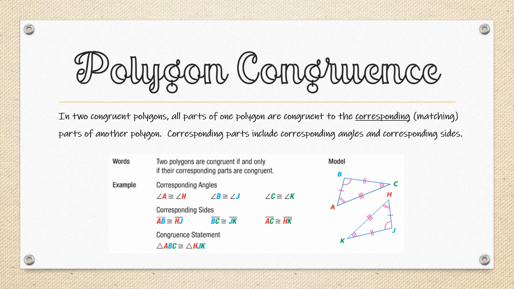Since B and J are congruent, they're in the second position, and C and K are congruent, they're in the third position. I could easily say CAB is congruent to KHJ, or I could say triangle BAC is congruent to triangle JHK. So there's not one correct way to write a congruent statement, but there are incorrect ways and correct ways. So you need to be careful when establishing your congruent statement.